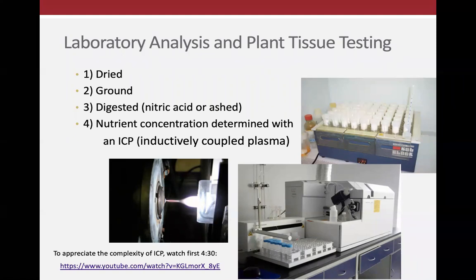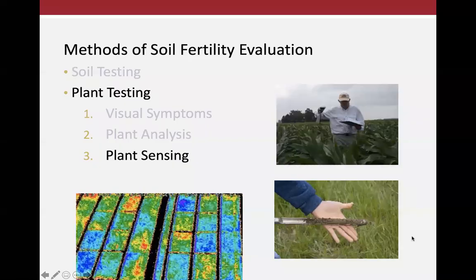We'll talk more about soil testing, but here you can just understand these ICPs, or inductively coupled plasma spectrometers, are the workhorses for most commercial soil testing labs. They typically have many of these.